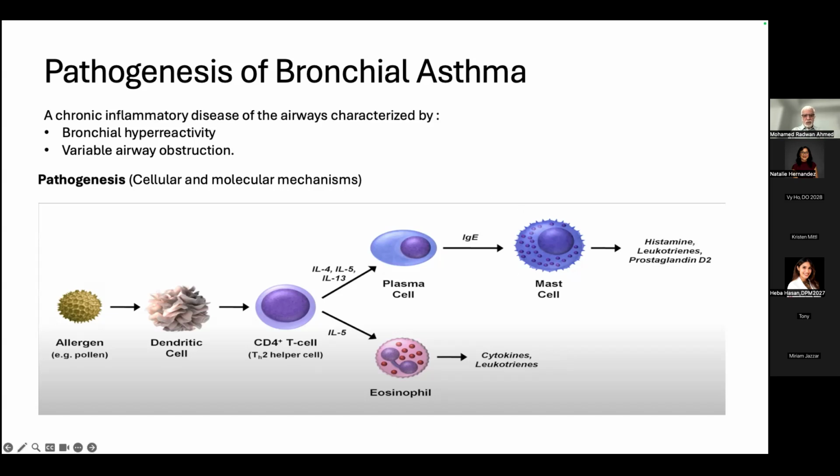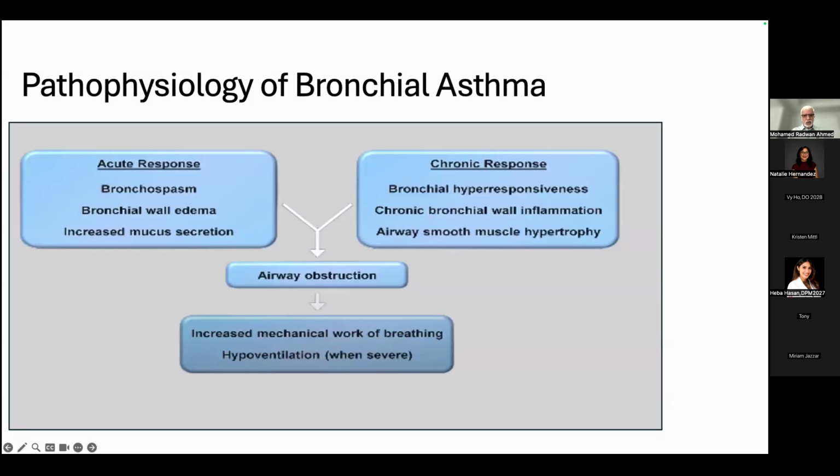We'll see what they produce, and this is the pathophysiology now. Due to this big amount of interleukins and leukotrienes and prostaglandins, the bronchi are gonna respond with an acute response and a chronic response.